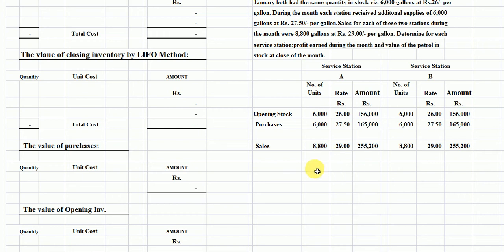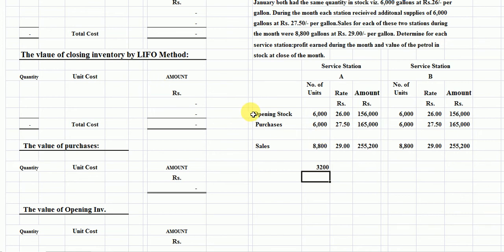It means the remaining gallons are 12,000 minus 8,800 gallons. The remaining gallons held in stock are 3,200 gallons.